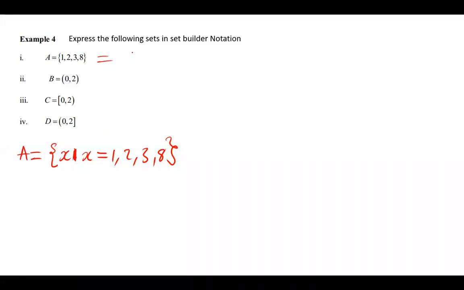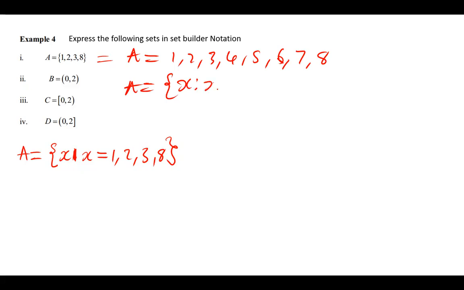So if this was continuous, if for instance it was discrete, but in between here the numbers were continuing up to 8, if we had 1, 2, 3, 4, 5, 6, 7, 8, we would have said A is equal to X such that X is a member of natural numbers, where 1 is less or equal to X less or equal to 8.